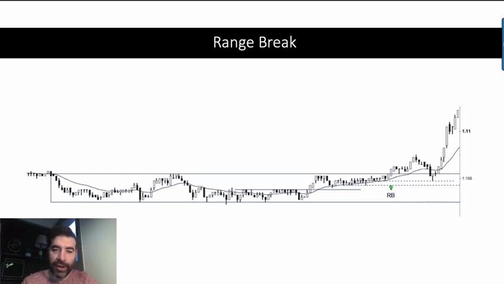So a range break, and this is really, I think, Bob Volman's genius, and I'm not going to give him all the credit, but what he said in the book is he would wait patiently for the buildup on his breaks. Now, this is a very simple method over here with the range break.